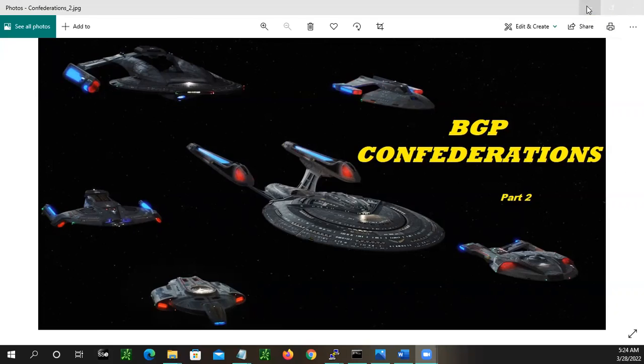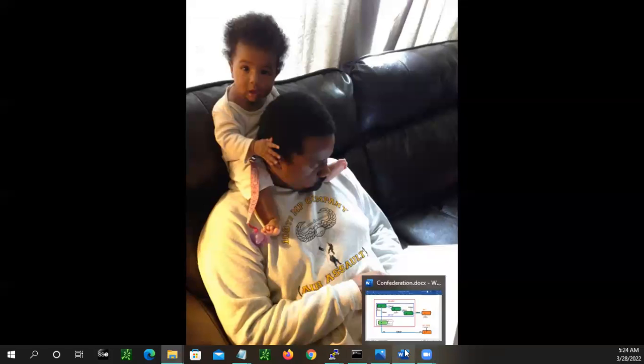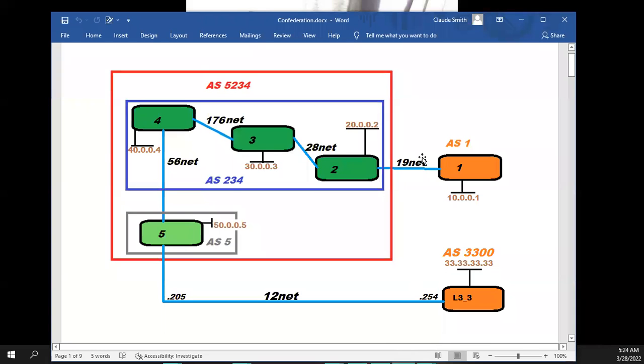So what we've got here is a diagram, a quick topology of what I'm going to be talking about and displaying today in the CLI. You'll see routers 1, 2, 3, 4, 5, and I'm also going to be using the layer 3 switch with routing functions.